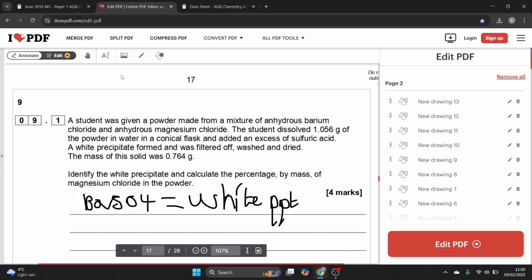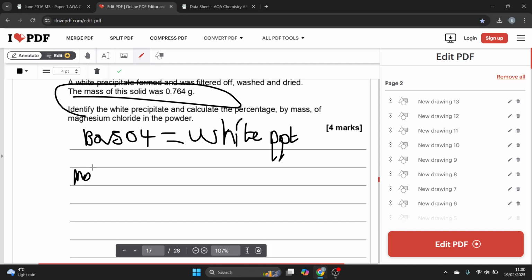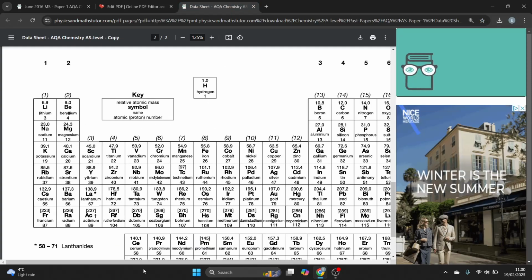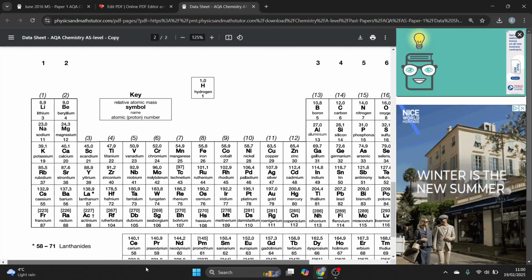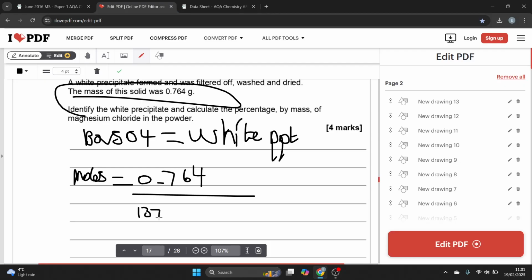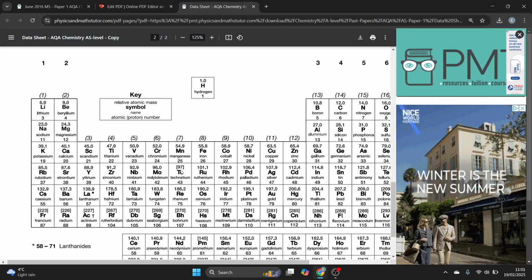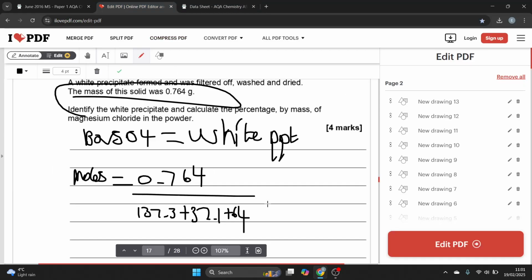So I know the white precipitate formed was filtered off, and the mass of solid was that. So I can find out the moles of barium sulfate, right? 0.764 over the MR. Barium is 137.3, and sulfate is 32.1 plus 64. Yeah, that'll give me the moles.